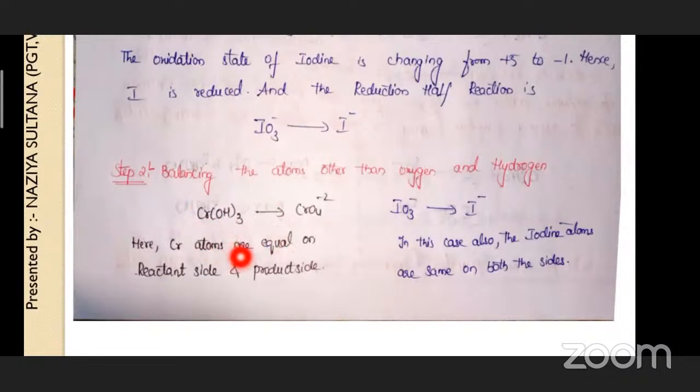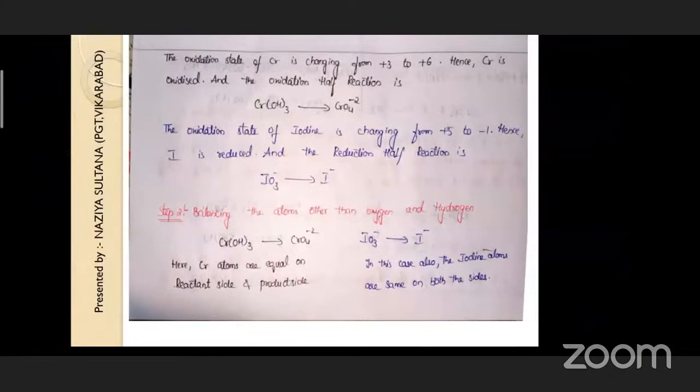And in the reduction half reaction, only 1 iodine on the reactant side and only 1 iodine on the product side. So iodines are balanced. In some reactions, we will not have the same number of atoms on the reactant side and product side. If not, then we have to balance. So that is the second step.